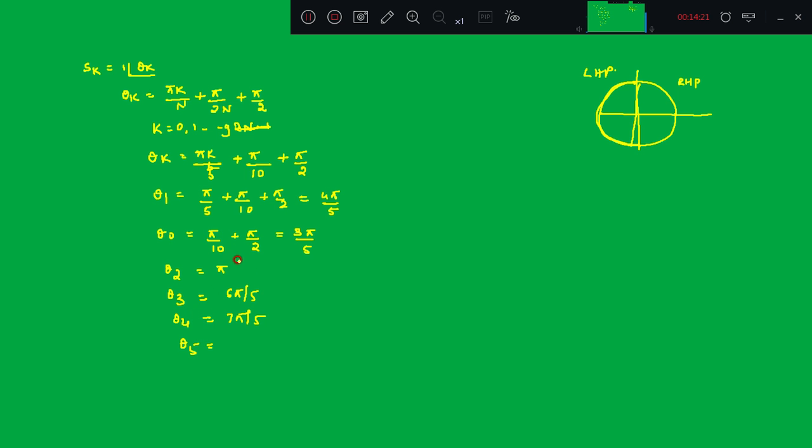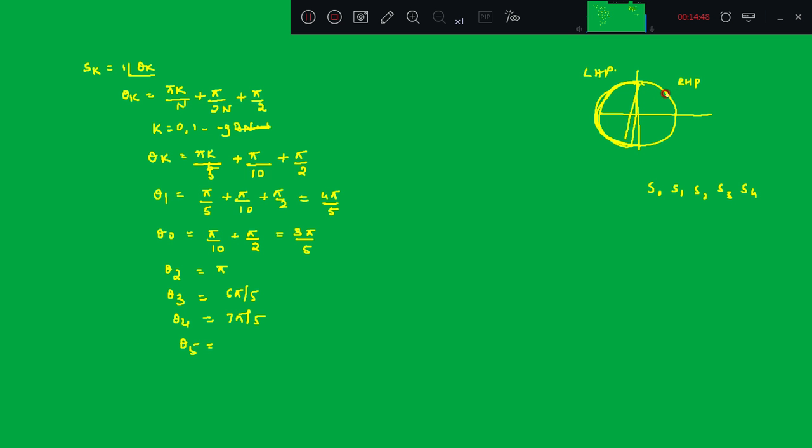Instead of wasting time calculating all, if there are 10 poles, the first 5 poles S0, S1, S2, S3 and S4 are located on the left half of the plane, and the next 5 poles are located on the right half of the plane.